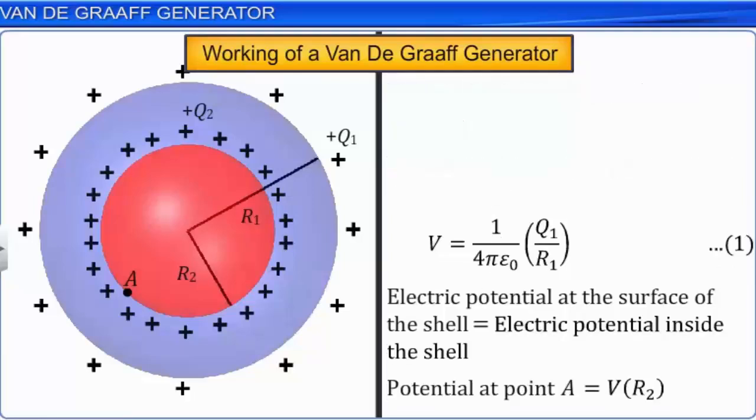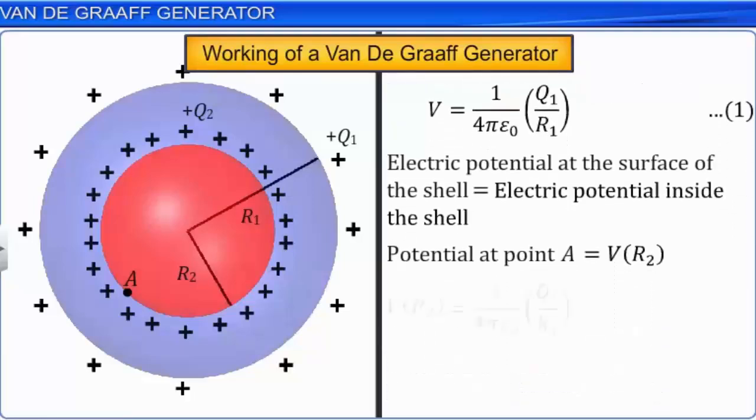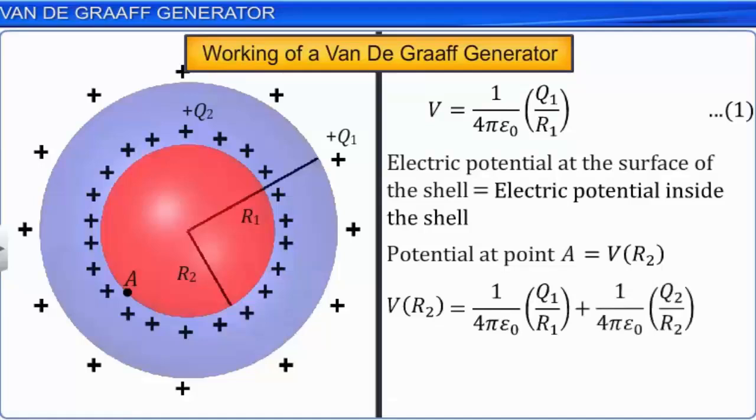Then V of R2 is equal to 1 by 4 pi epsilon naught Q1 by R1 plus 1 by 4 pi epsilon naught Q2 by R2. Here, 1 by 4 pi epsilon naught Q1 by R1 is the potential due to the charge on the outer sphere.